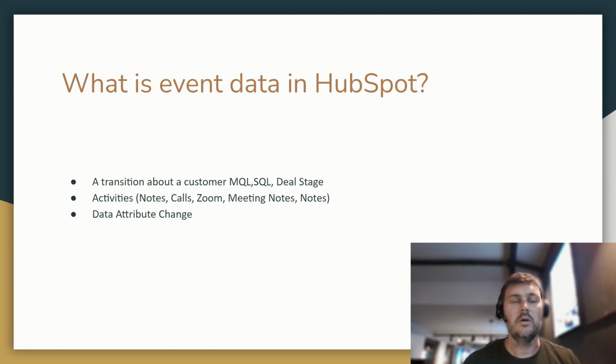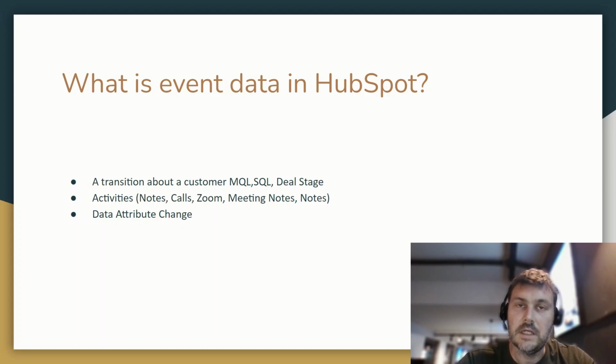So let's talk. Process mining is about converting events into something of a process. Here we talk about the transition. An event can be a transition, a human defined event or an automated event, such as MQL to SQL to deal stage.